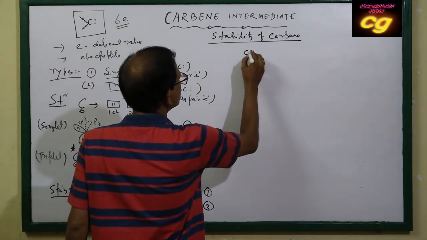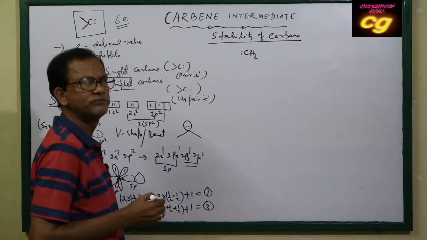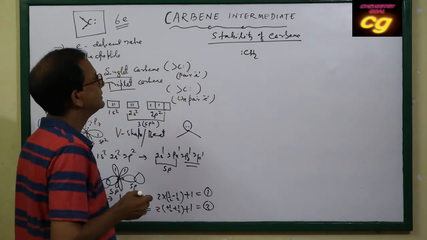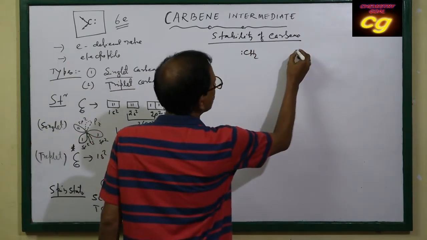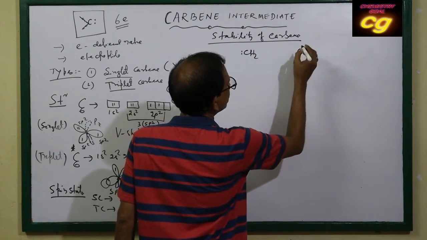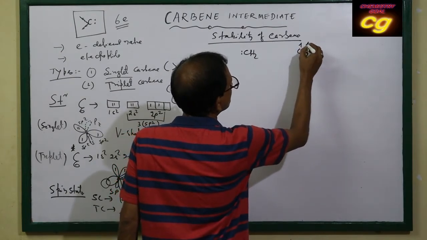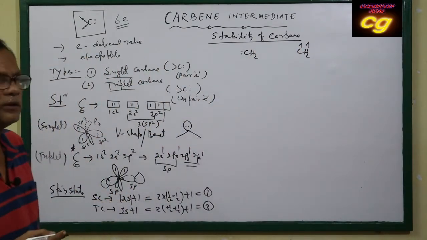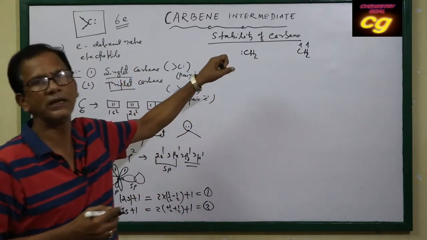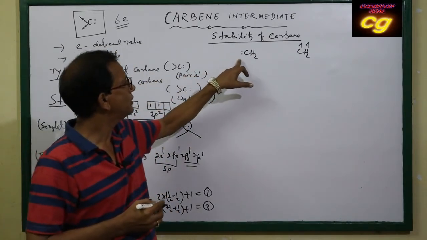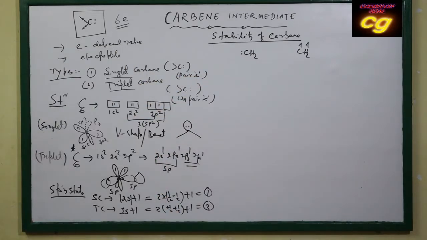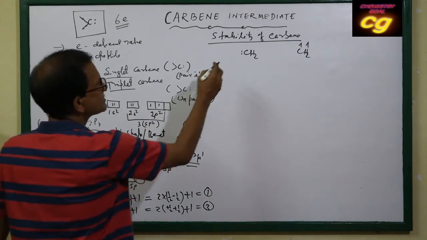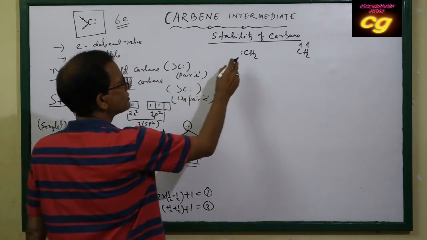Suppose this is your singlet carbene, and another, suppose this is your triplet carbene, having unpaired electrons, and this one having paired electrons.